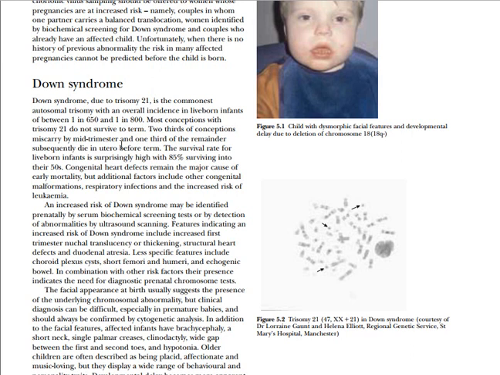Most conceptions with Down syndrome do not survive. Two thirds of the conceptions miscarry by the mid trimester, and one third of the remainder is lost before term. Are you getting it? So most Down syndrome conceptions do not survive.